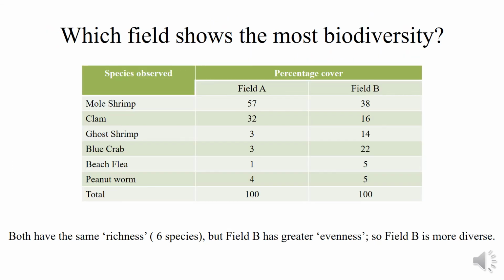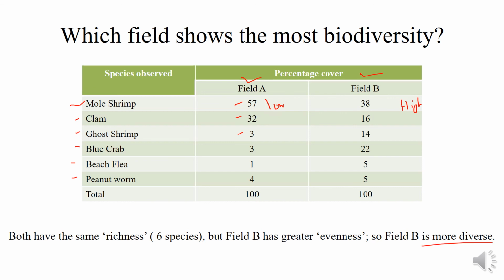From a simple table you can check which field has higher biological diversity. Here the species richness is the same, but evenness is very low here and very high here, so field B is much more diverse.